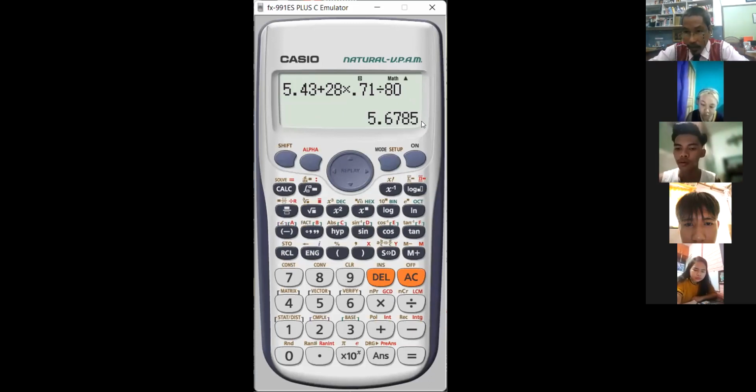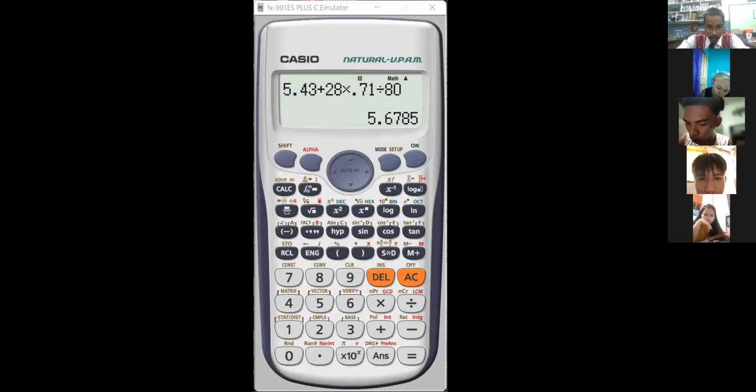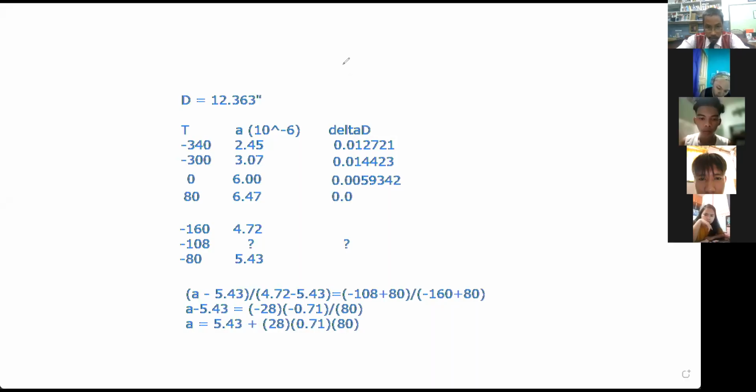This is the coefficient of thermal expansion. And since the coefficient of thermal expansion in the table only uses 3 significant figures, we will also use 3 significant figures. Therefore, we will use 5.68. So let us go to the whiteboard.